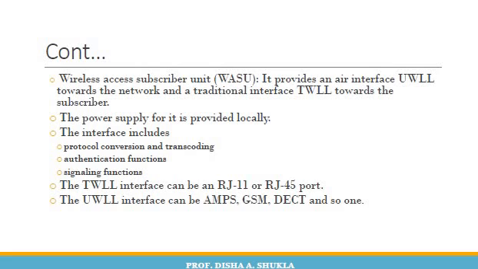Now the WASU, that is the wireless access subscriber unit, provides two interfaces. The first one is the air interface towards the network, and the second is the traditional interface, TWLL, towards the subscriber.